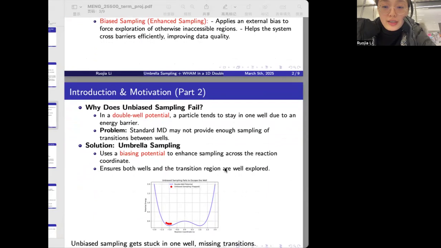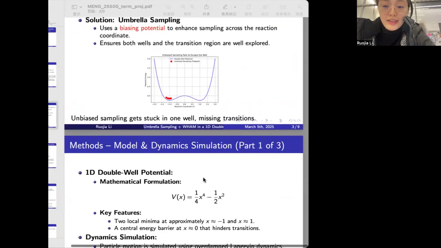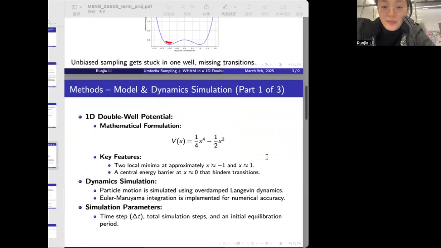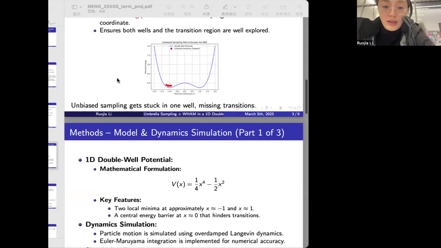And to illustrate the technique, I use a 1D double well potential, often written as V(x) = 1/4 x^4 - 1/2 x^2. This function has two minima near x = -1 and x = 1, with a significant barrier around x = 0, as shown in this figure here.